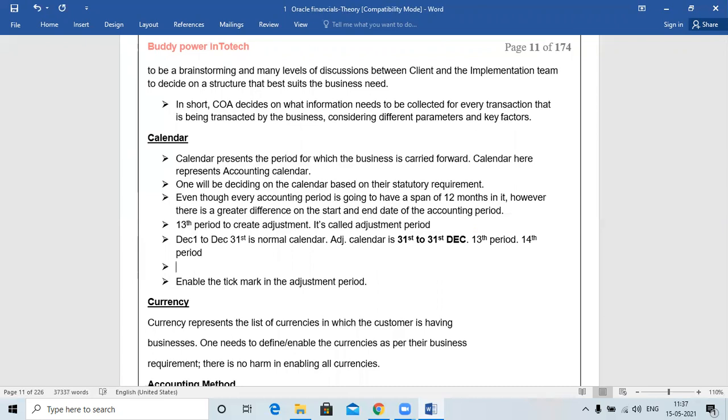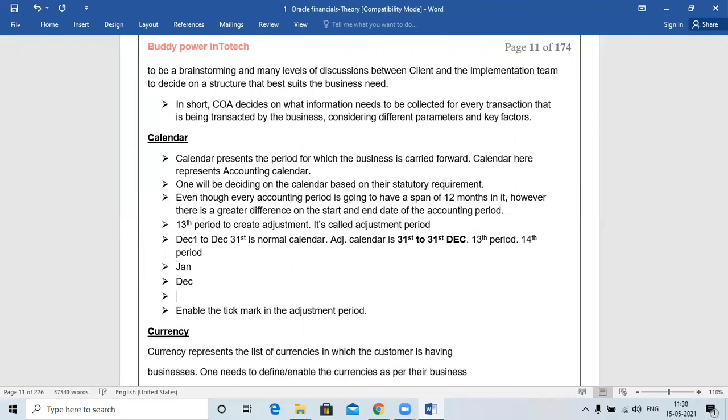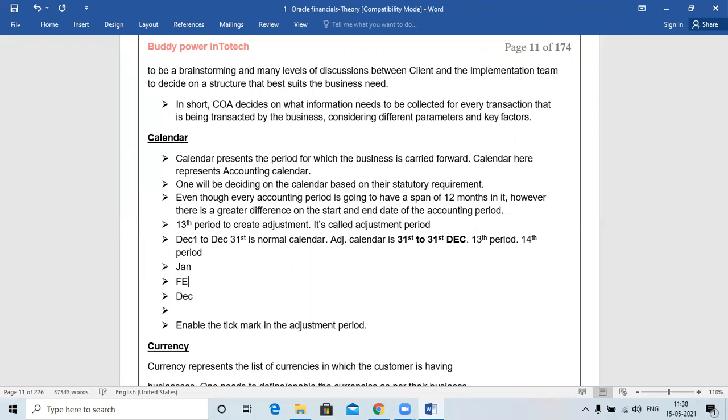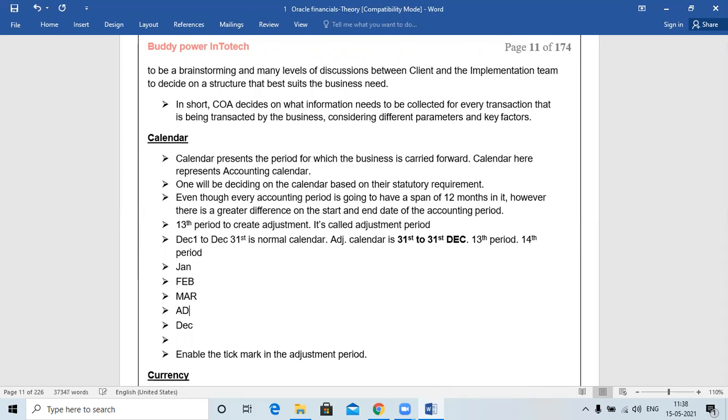For example, January to December is a financial year. Suppose a company wants quarterly adjustments also; they can make them. January, February, March, they will have an adjustment, maybe March 31st to March 31st.